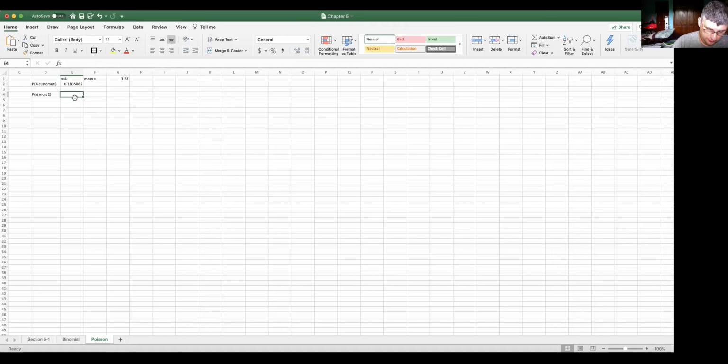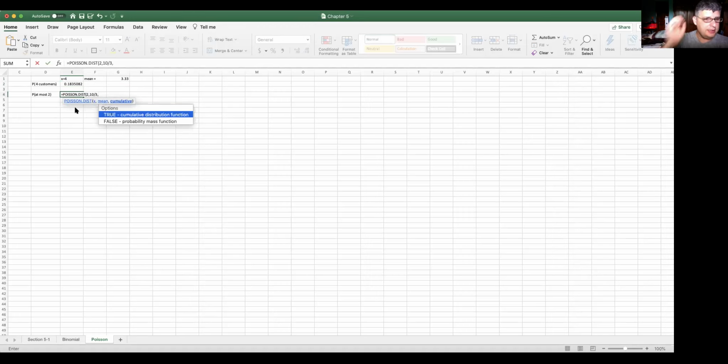If I want to find at most 2, I can do it 3 different times. Or remember, at most means CDF. So I can just do equals POISSON.DIST. My x is 2. My mean is 10 thirds still.